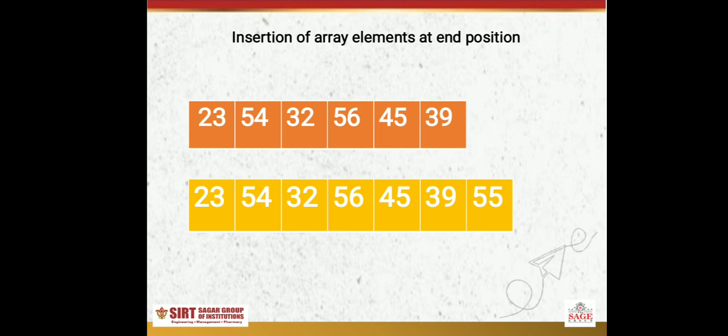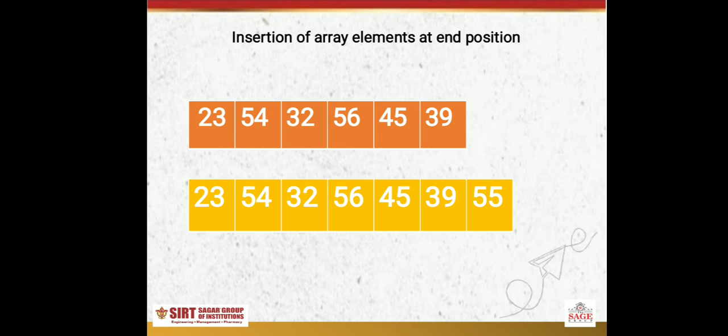Now let's move to insertion of array elements at the n position. In the first diagram you can see there are 6 elements stored: 23, 54, 32, 56, 45, 39. Now suppose I want to insert an element at the n position.